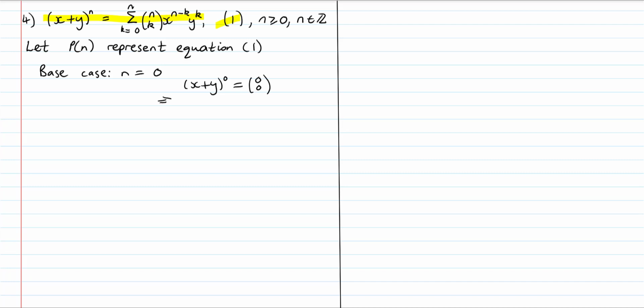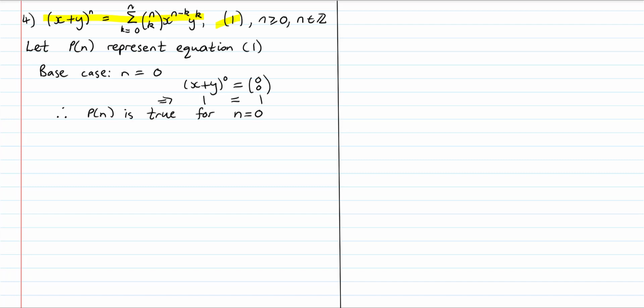So the left hand side is just going to equal 1, and 0 choose 0 is also equal to 1, so we have 1 equals 1, so therefore the left hand side equals the right hand side, so we can say that P of n is true for when n equals 0. So we have proved that the base case is true.